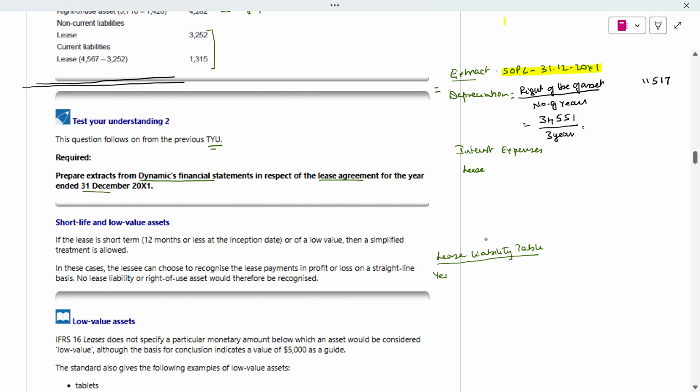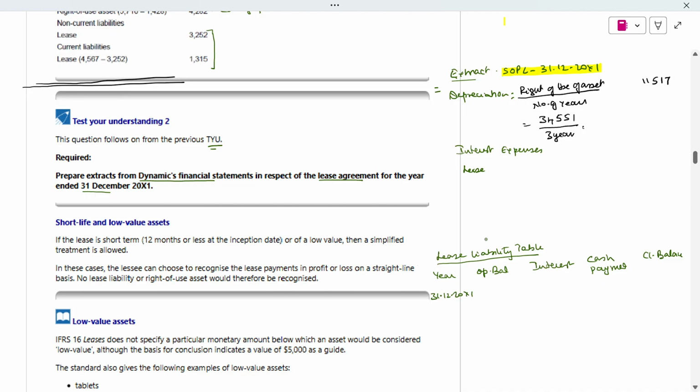Year 1: opening balance, interest, cash payment, closing balance. Year 1, 31/12/2001.